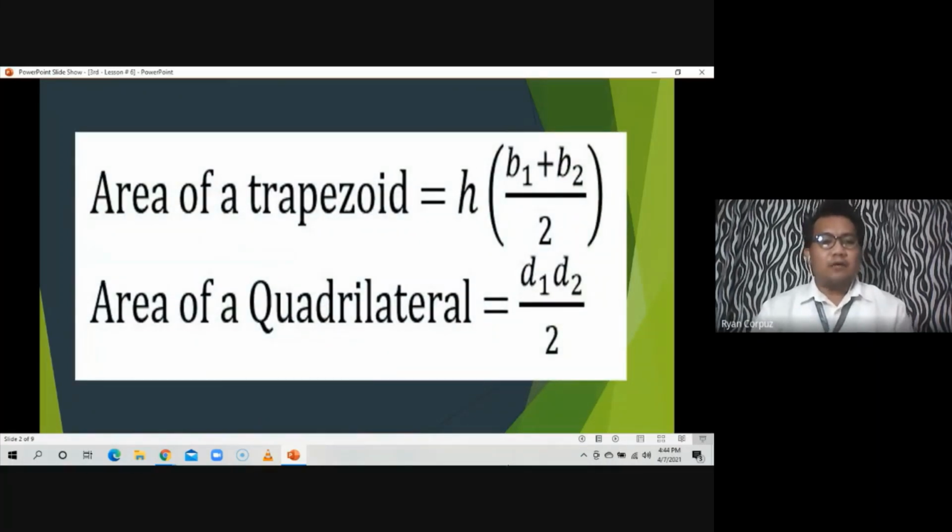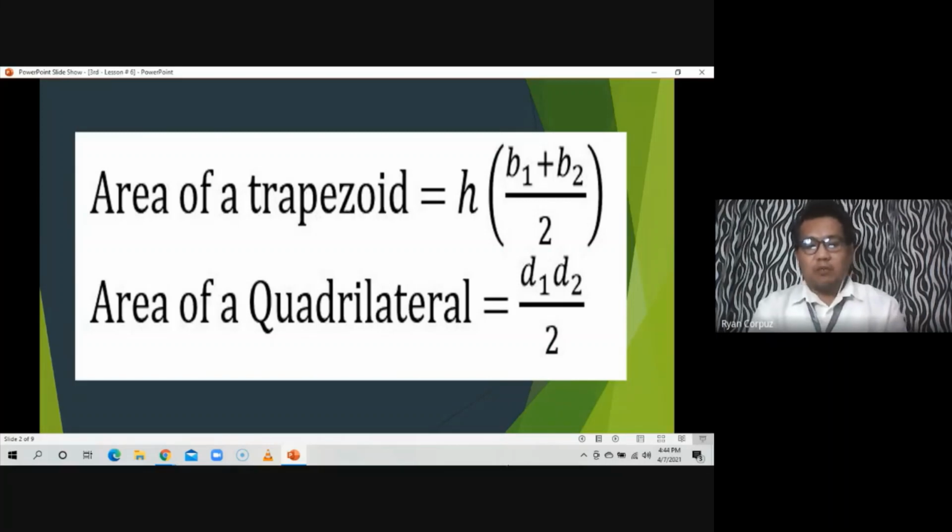So, una, in finding the area of a trapezoid. You know naman already what a trapezoid is. Diba? Whether if it's an isosceles trapezoid or regular trapezoid. So we are going to solve this formula in finding its area. So the formula for finding the area of a trapezoid is equal to h, which stands for the height, times the quantity of base 1 plus base 2 all over 2.